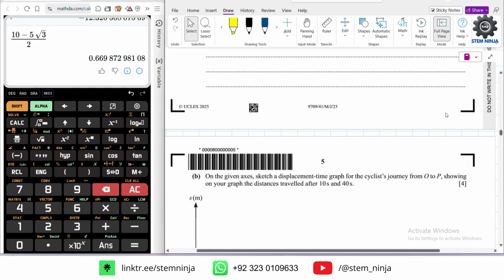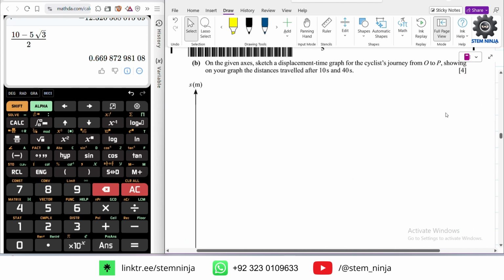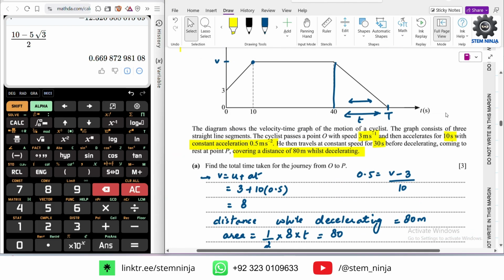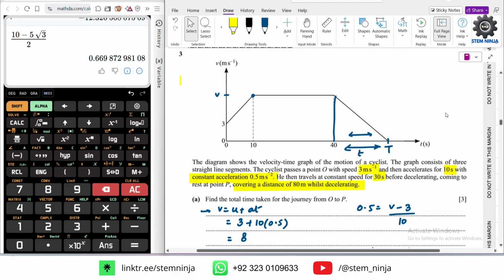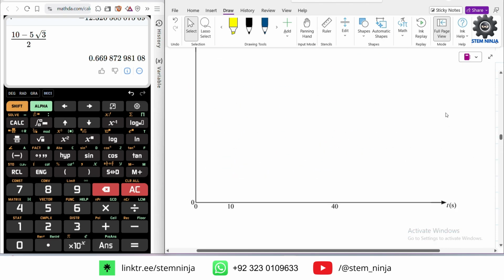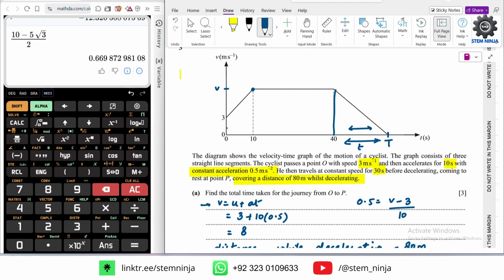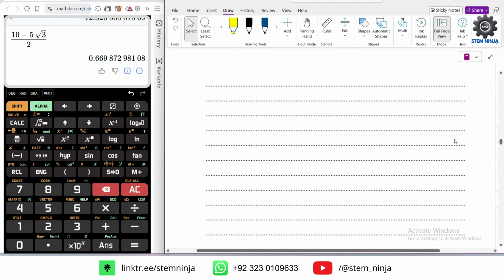Okay, good. On your given axis, sketch a displacement time graph for the cyclist's journey from 0 to P, showing on your graph the distances traveled after 10 seconds and 40 seconds. Okay, so first off, we need to calculate the distances in this region. So distance from 0 to 10 first. Let's first calculate that.